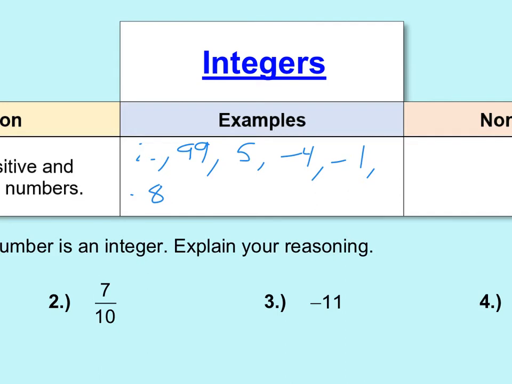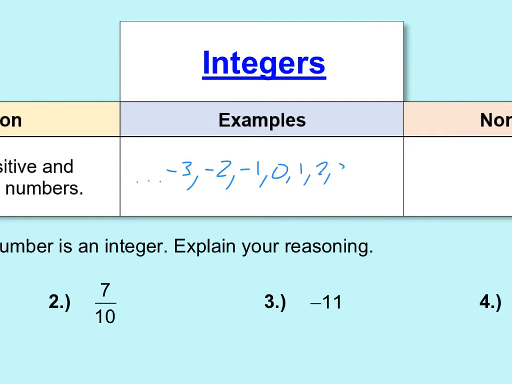However, there's kind of a math way to write this, so instead of just writing random numbers down, it shows what we mean. So I'm going to go like this. Dot, dot, dot, -3, comma, -2, comma, -1, comma, 0, 1, 2, 3, comma, dot, dot, dot.